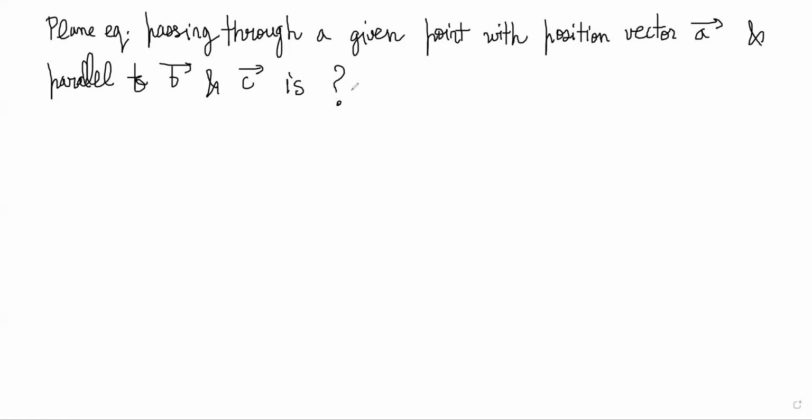So here, basically, the plane passes through a particular point and is parallel to B and C, right?